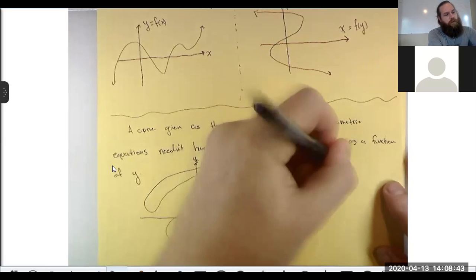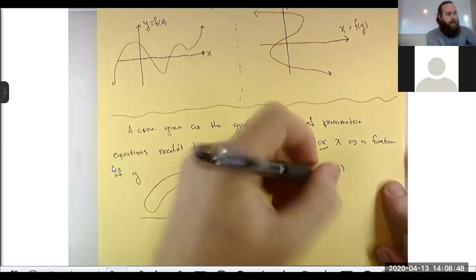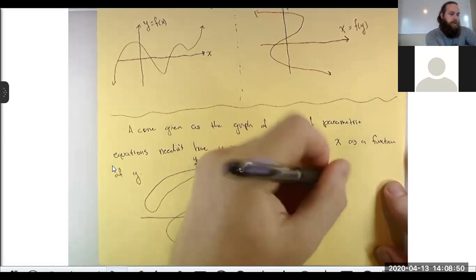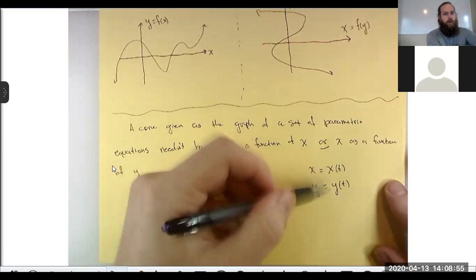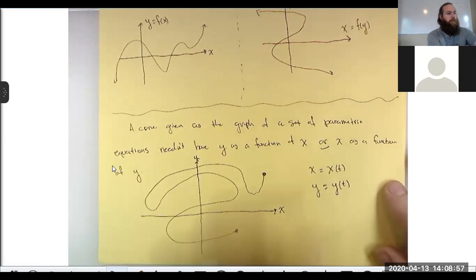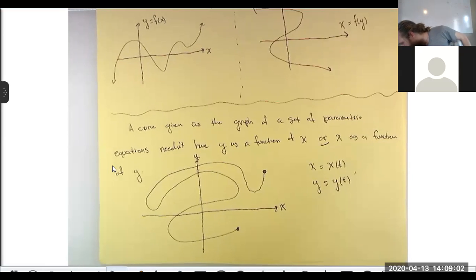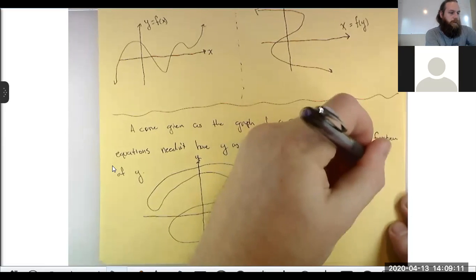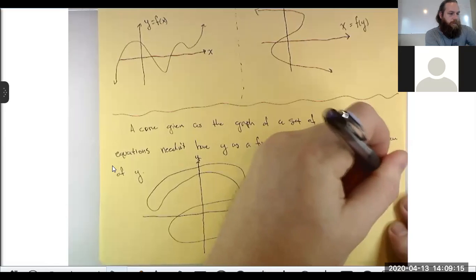One is going to look like x equals some function of time, x of t, and y equals some other function of time, y of t. These two are totally independent from each other, apart from both containing the variable t. And then I'll also usually give you a time domain, some t values that we are considering, where maybe a is less than or equal to t is less than or equal to b.